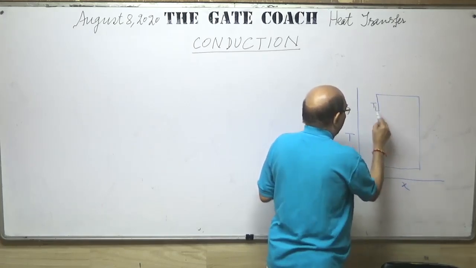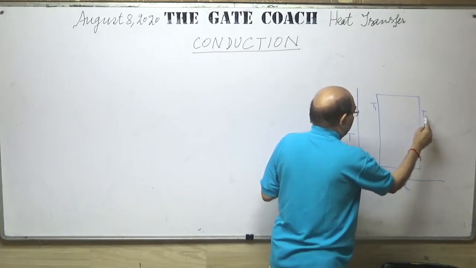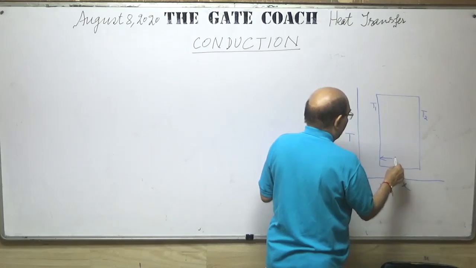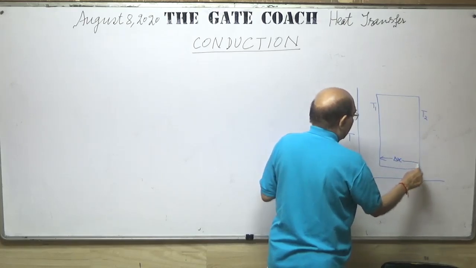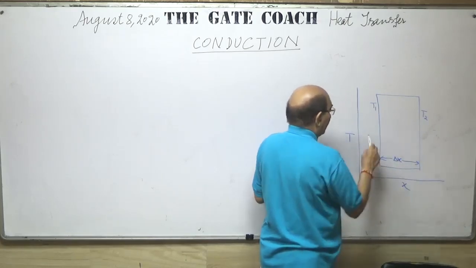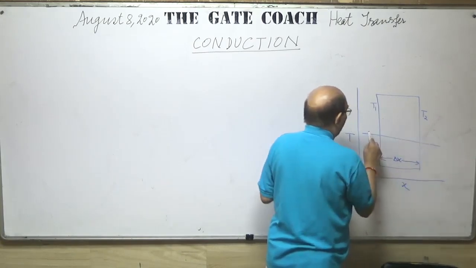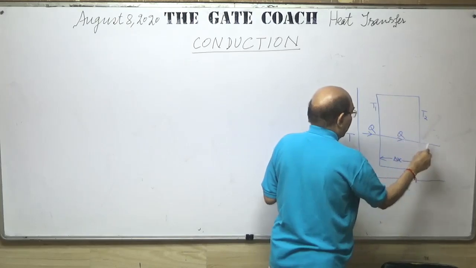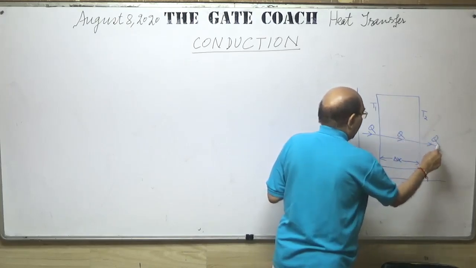This is T1, this is T2, this is delta X, Q entering in, passing within the medium and going out.